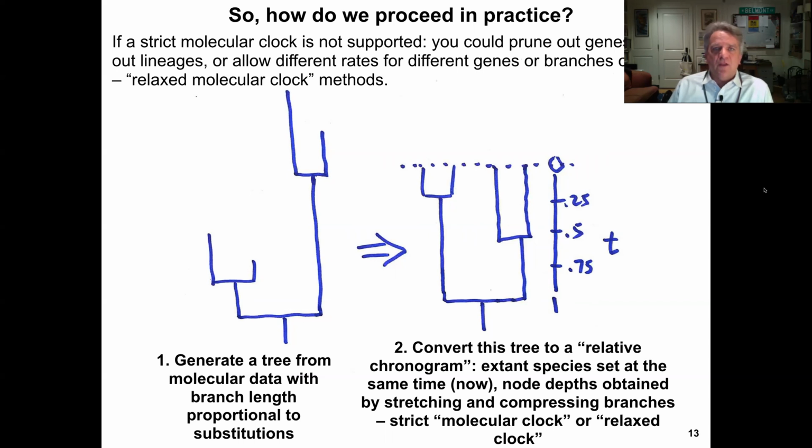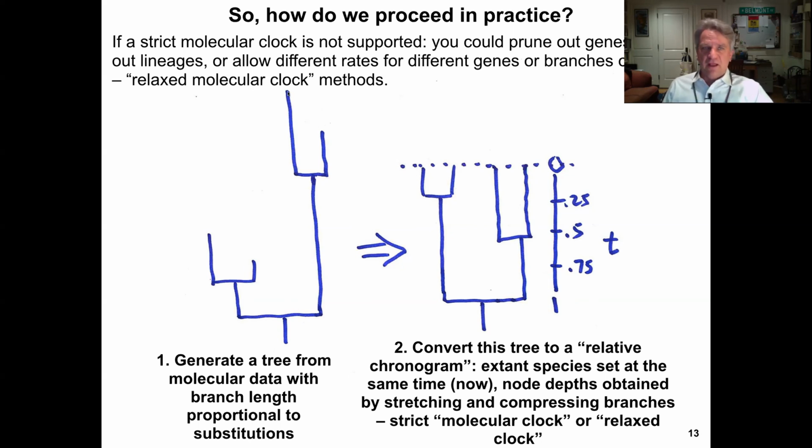If you go out and collect some DNA sequence data, either on your own or by downloading data from GenBank or from a genome browser such as Ensembl, you'll use the phylogenetic methods we talked about earlier in the course, and you're going to generate a phylogeny that looks a lot like this, meaning that the branch lengths are proportional to the number of nucleotide substitutions optimized as changing on that branch. So we get a tree where the branch lengths correspond to the estimated number of changes, and you can see that this is not clock-like, right?